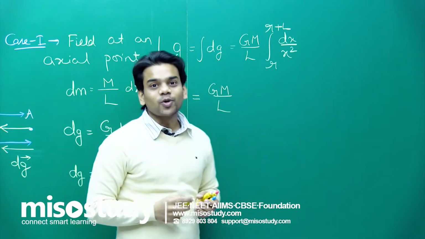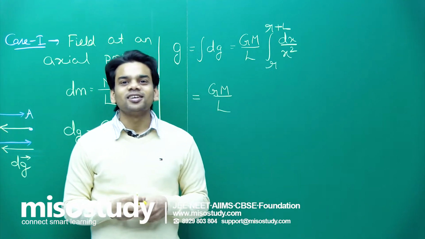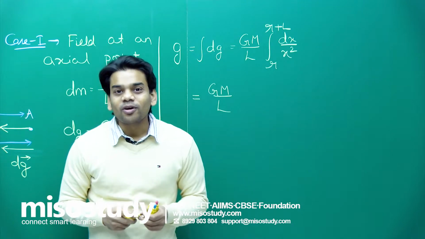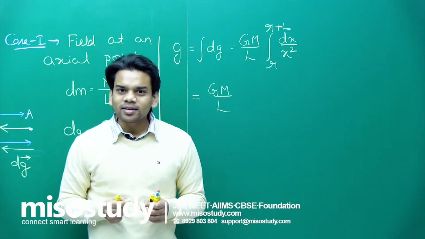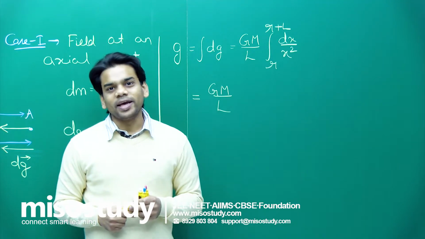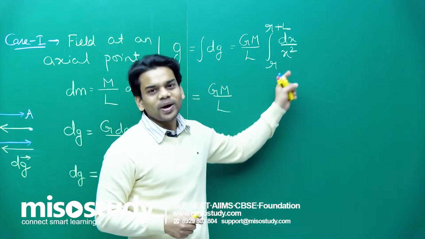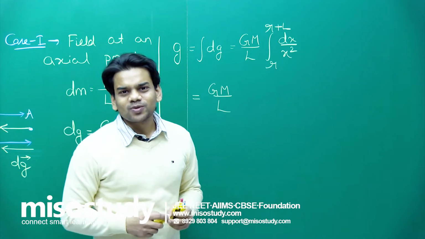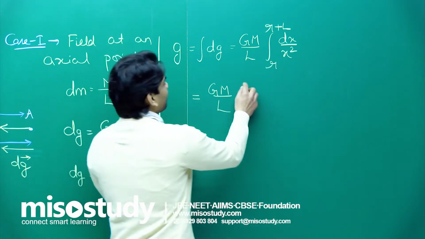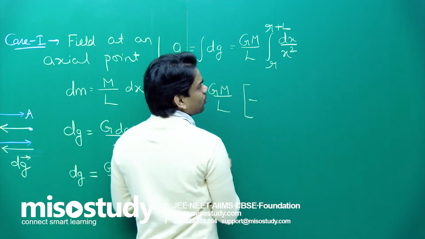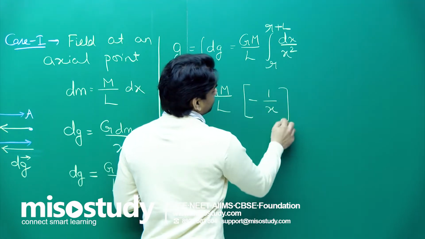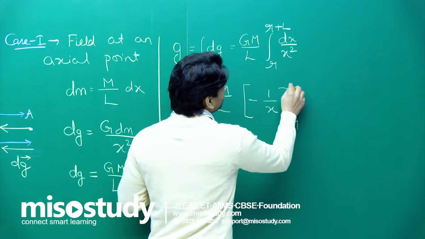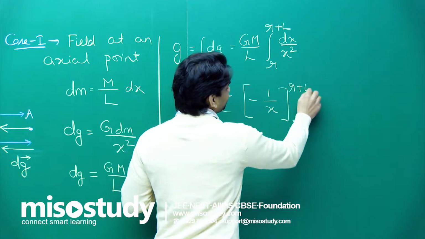If you remember, you can perform this integration using the formula for x to the power n. The integration of x to the power n was 1 upon n plus 1 multiplied by x to the power n plus 1. Here we have x to the power minus 2. So 1 upon minus 2 plus 1 will give you minus 1, so you will be having one minus sign, and x to the power minus 1 gives you 1 by x, with limits r to r plus L.